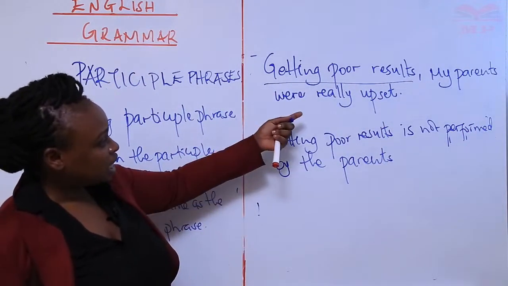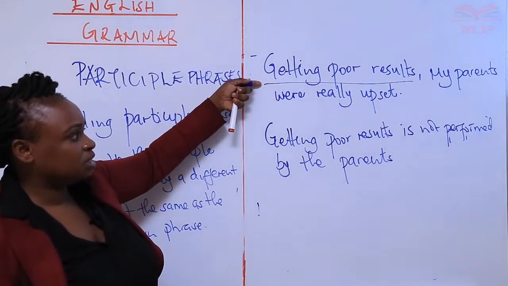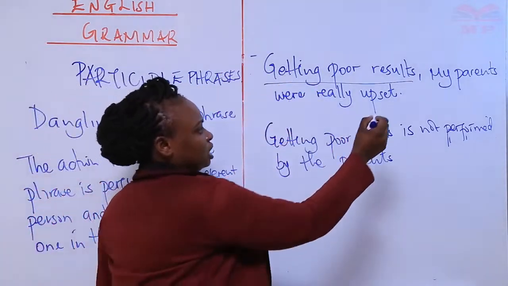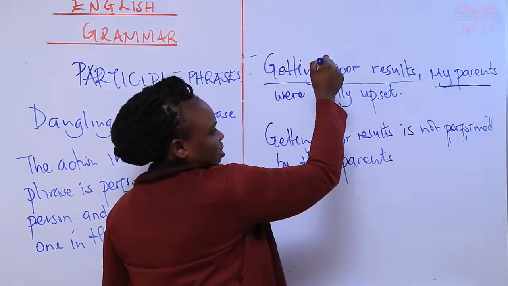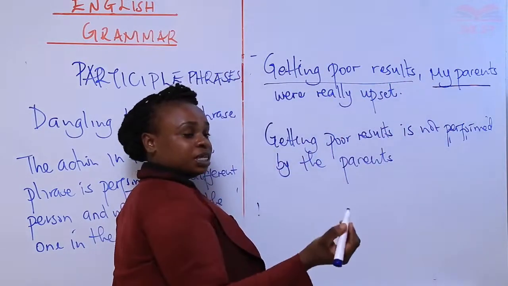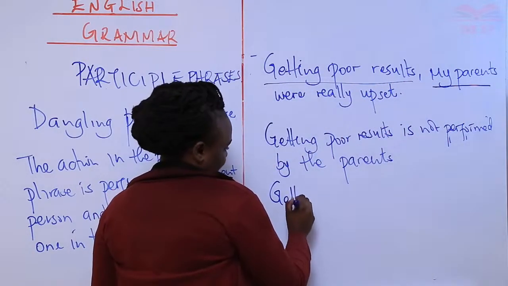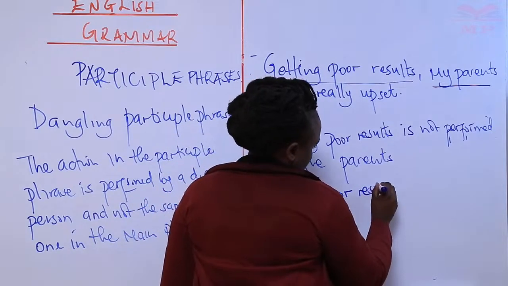Okay? The parents are upset, but the idea here is that the student is the one who got poor results, but it says my parents. So what follows here should be the person who got poor results, but instead what has followed? My parents were really upset. It should have been getting poor results.